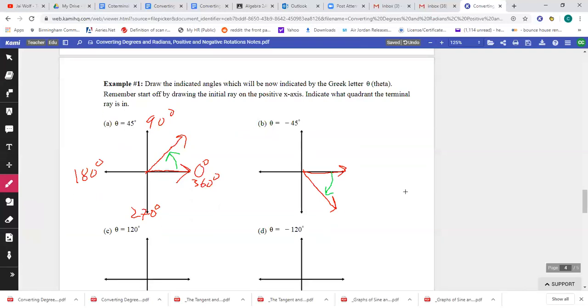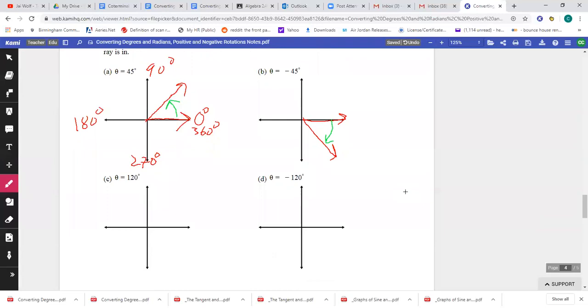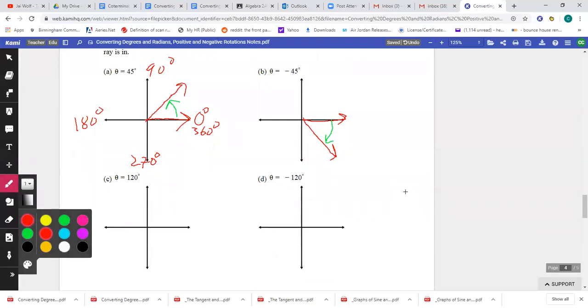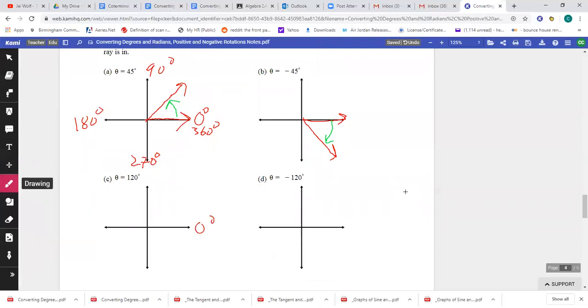Okay, so let's do this again, 120 degrees. So remember this is 0, 90, 180, 270, and 360. So 0 and 360 are at the same place, right? So where is 120? Well, once again, you always start here. 120 is between 90 and 180, and it's closer to 90.